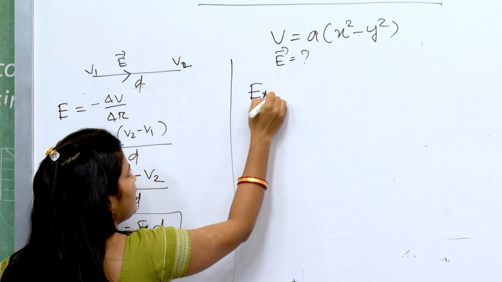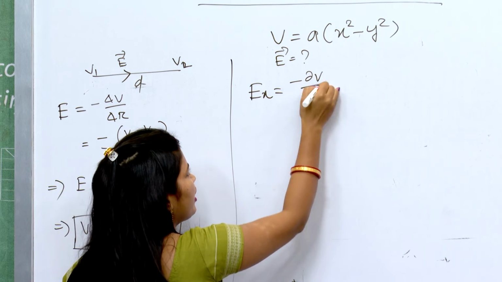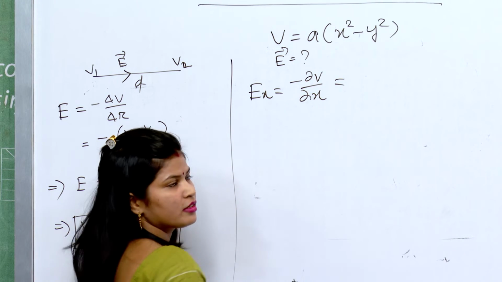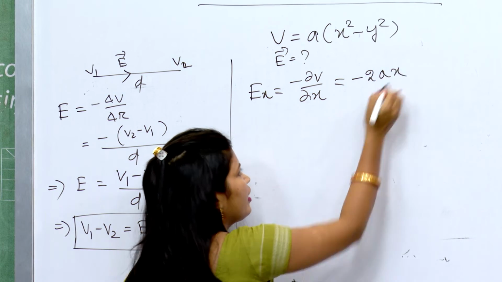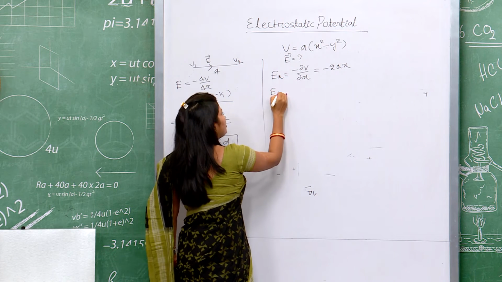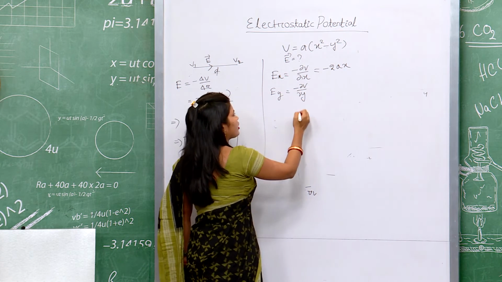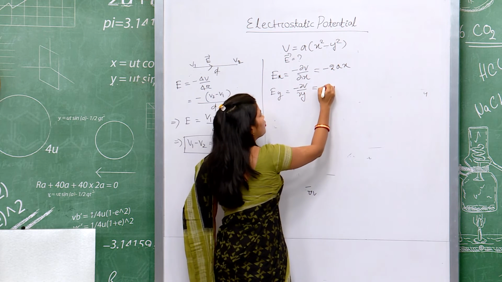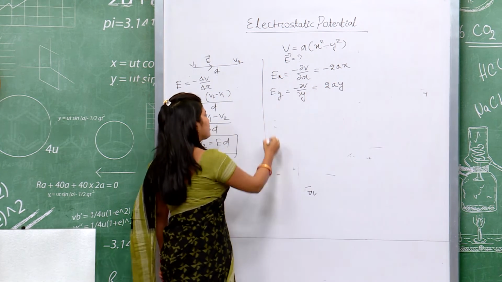Yes, that is Ex is equal to how much? That is minus del V by del x. So, this is minus 2 A x and Ey is equal to minus del V by del y, that is equal to 2 A y.